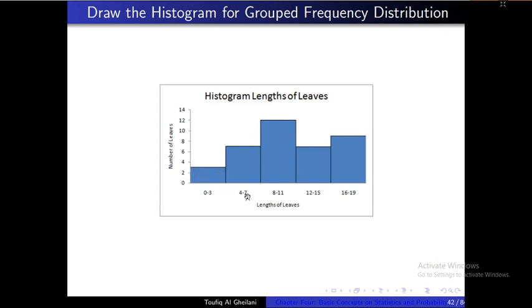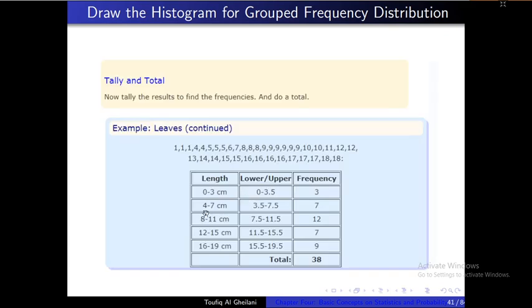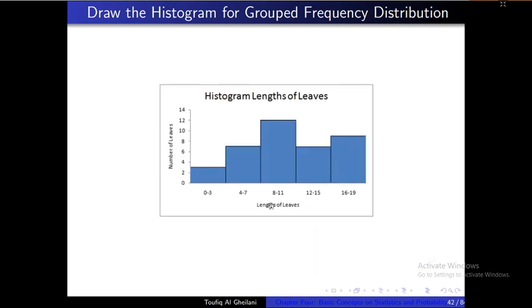Between 4 to 7, the frequency is 7, so we make the rectangle with height 7. And we join these rectangles, so in the histogram there are no gaps between the classes.